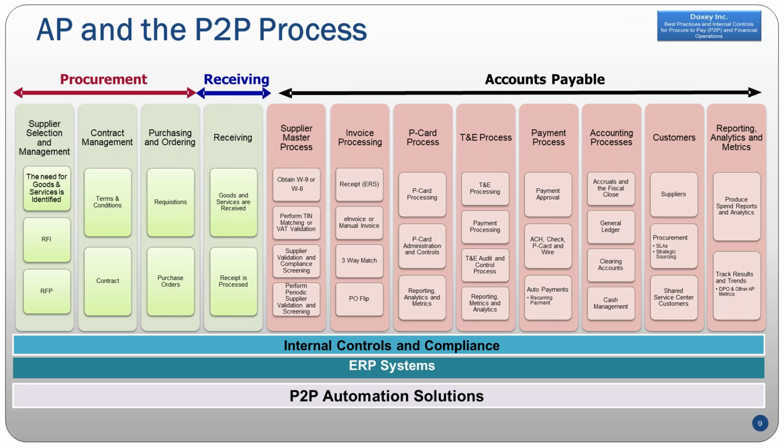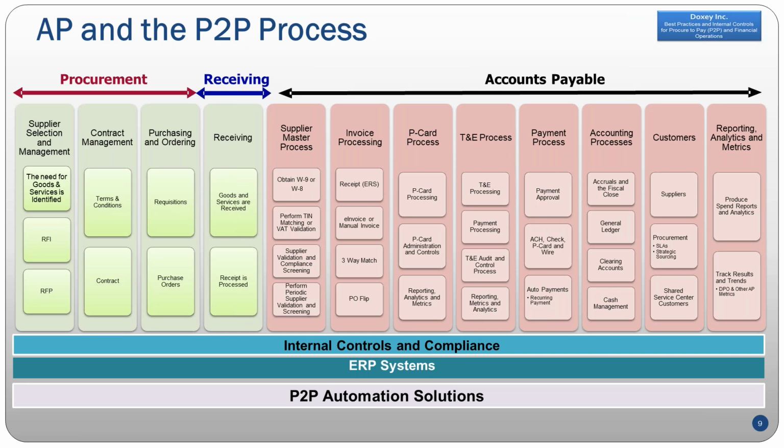And this chart actually takes you through supplier selection and management, right through reporting and analytics. AP also includes the procurement card or P-card process, and usually T&E, and of course invoice processing, supplier master, and payment process, all the accounting processes that we mentioned.